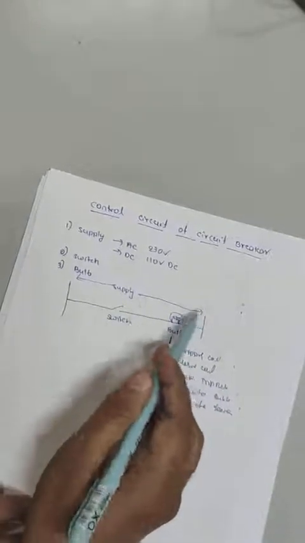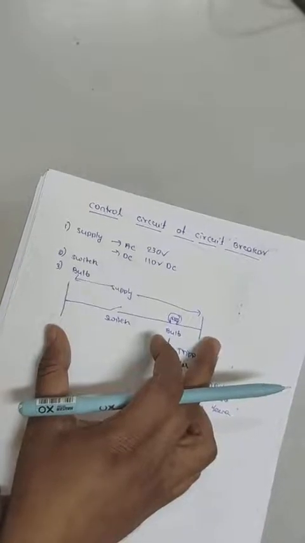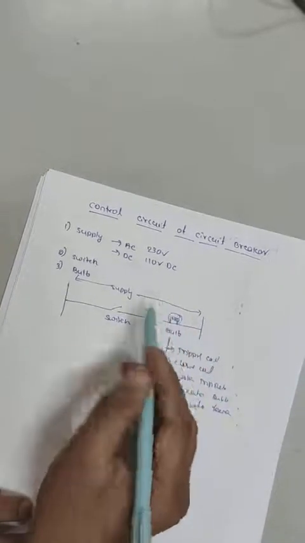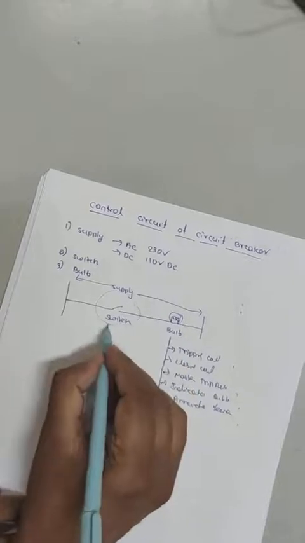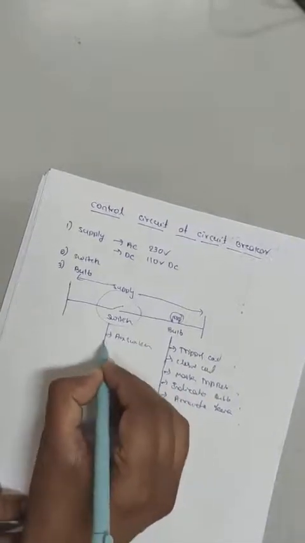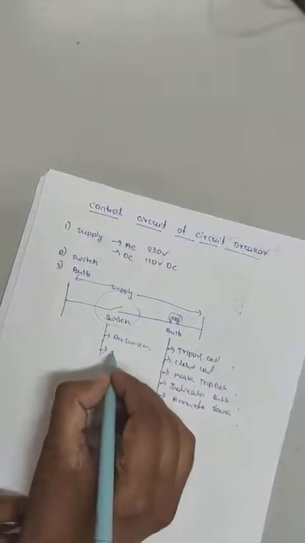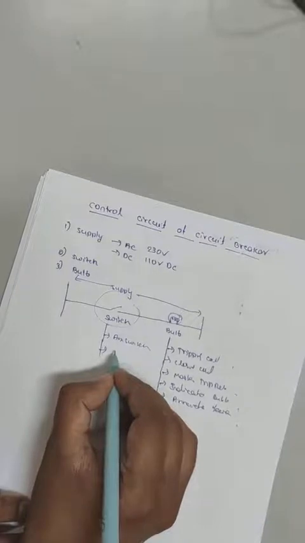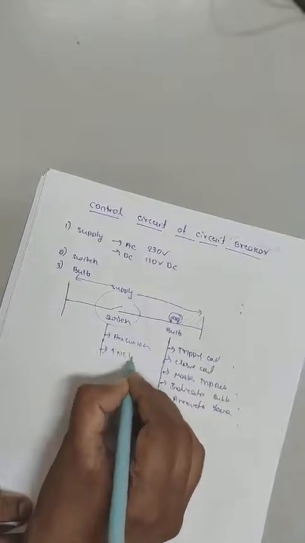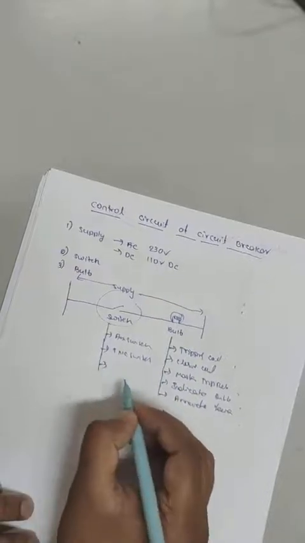And supply, it will usually be 110 volts DC. And switch may be an auxiliary switch, which we will learn in depth in later cases, or a TNC switch, like that.